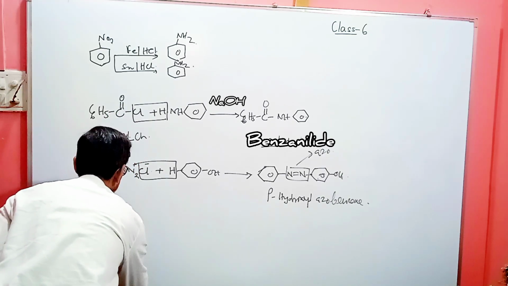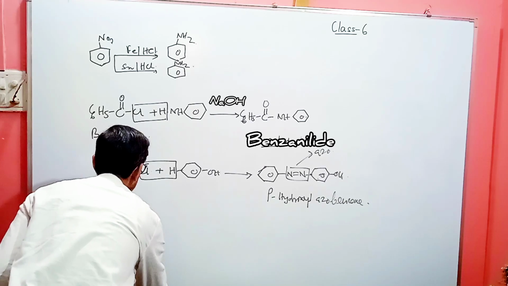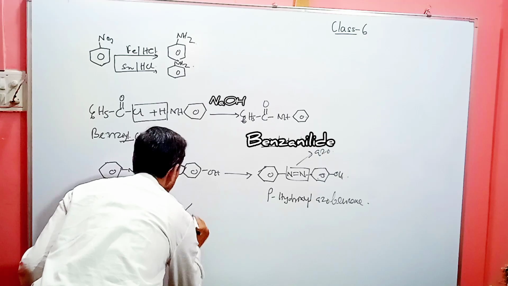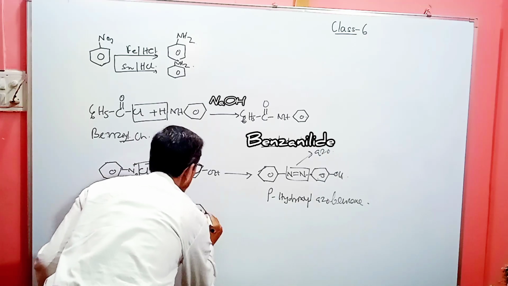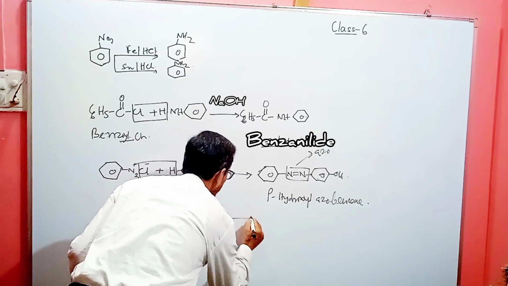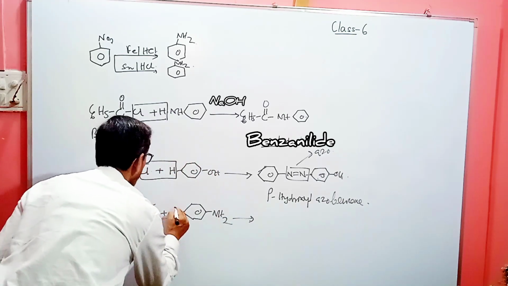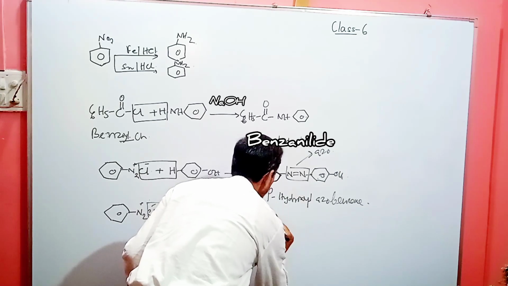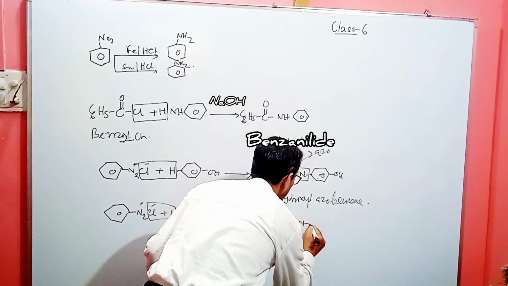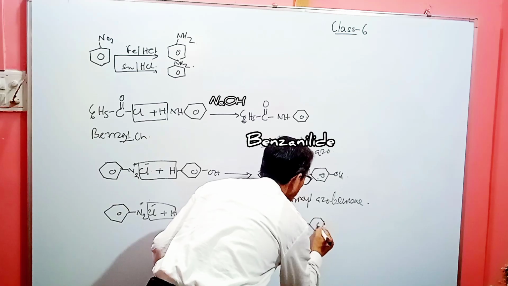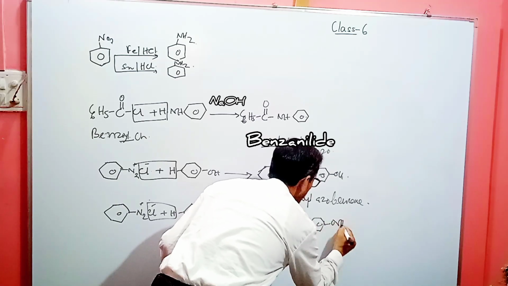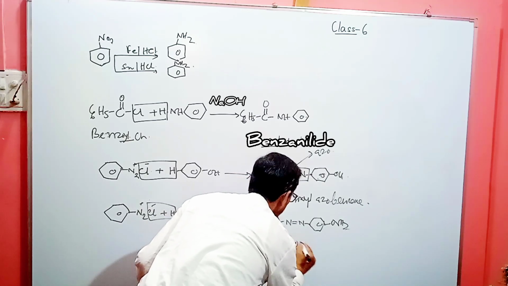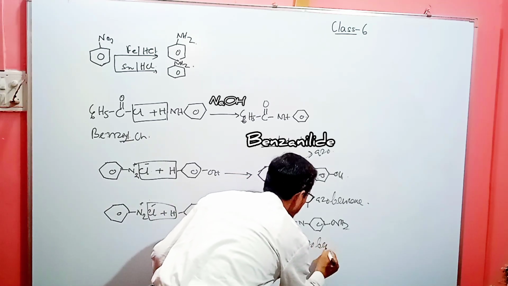Same type of coupling reaction, benzene diazonium chloride plus, if you use aniline, again another coupling reaction occurs, you get para-amino azobenzene.